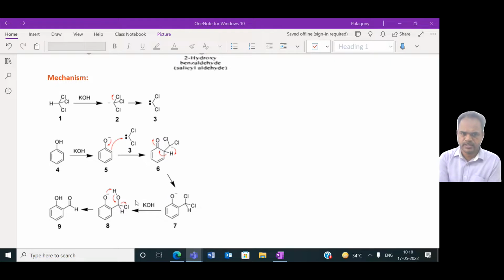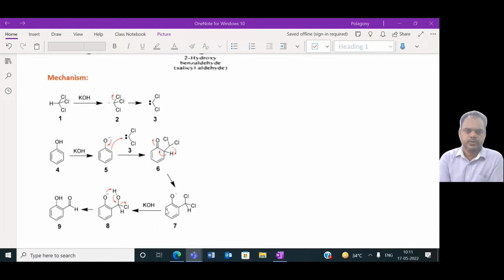During this resonance, one more chloride is removed, and then it forms the formyl group at the ortho position. So the phenol gets the aldehyde functional group at the second carbon due to the elimination of one more chloride. All the chloride ions combined with the potassium ions form potassium chloride.